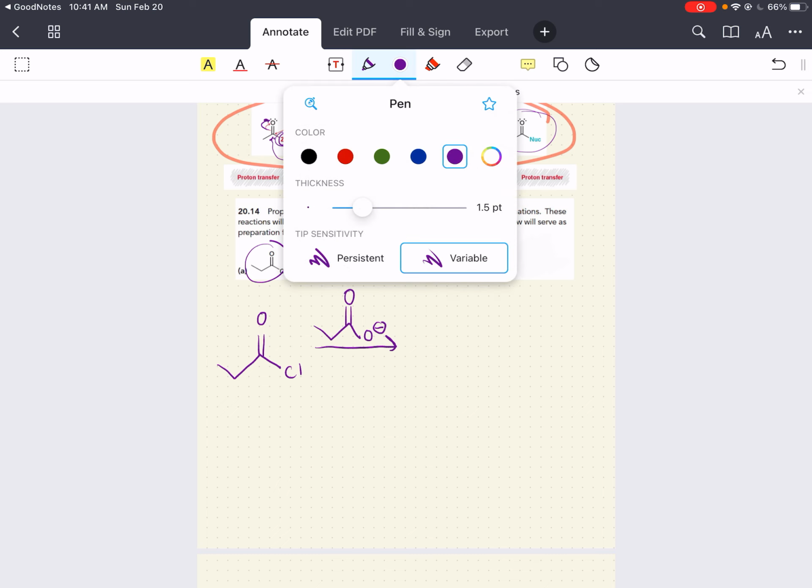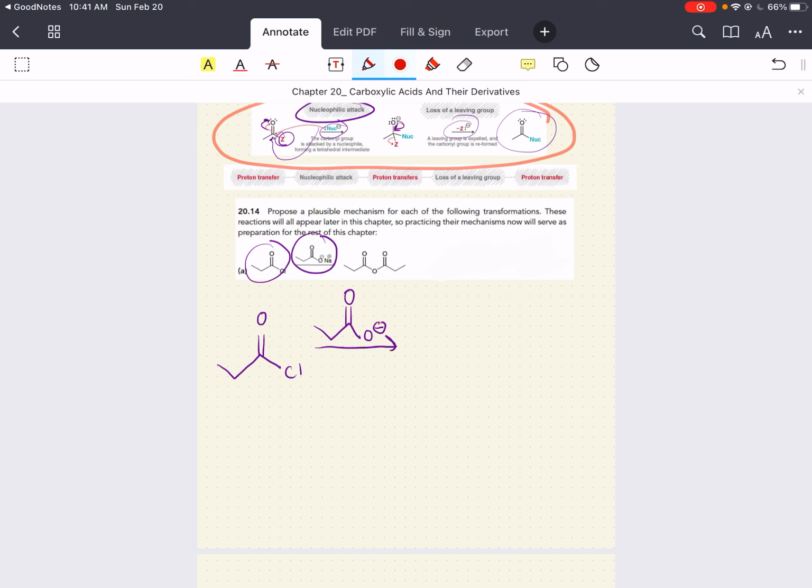The first step is, of course, that this nucleophile is going to attack the electrophilic carbon of the carbonyl group. This double bond is going to break and dump its electrons on the oxygen. What that means is we form this tetrahedral intermediate we've seen before, where we still have our chlorine group attached, and this oxygen has 3 lone pairs and a negative charge.